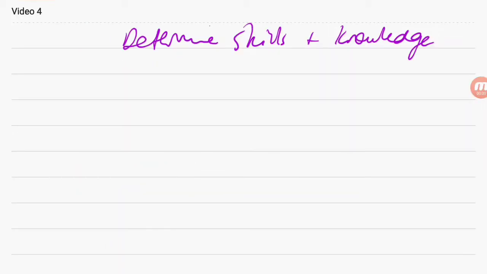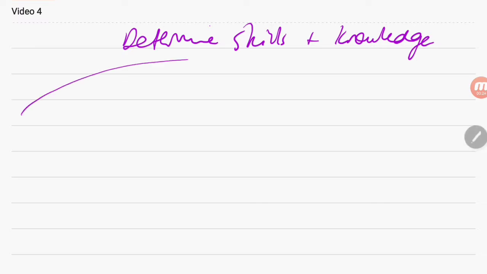Okay, we're going to be looking now at step 2, which is determining skills and knowledge. Absolutely critical for obvious reasons. Essentially, students need to know their purpose and the purpose of the task and the purpose of the entire unit. So let's have a look at this. Obviously, we want them to be successful.